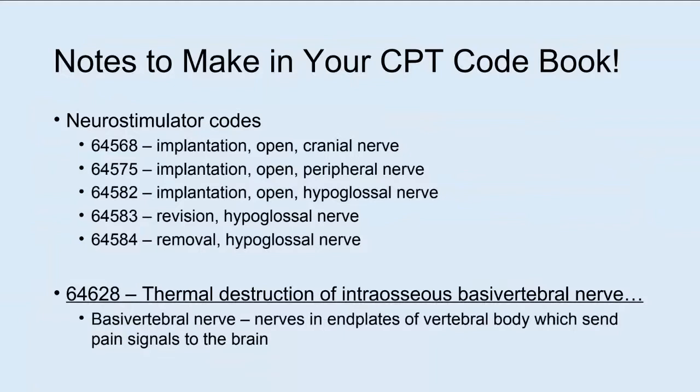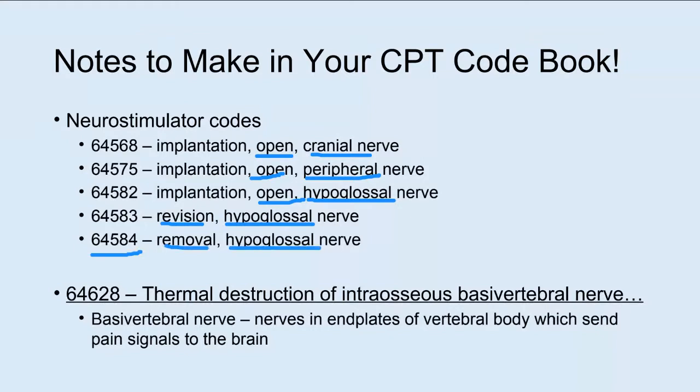Okay, also the codes for neurostimulators. So you might want to underline that 64568 is for open cranial. 64575 is open peripheral. 64582 is open hypoglossal. 64583 is revision hypoglossal. 64584 is removal hypoglossal.